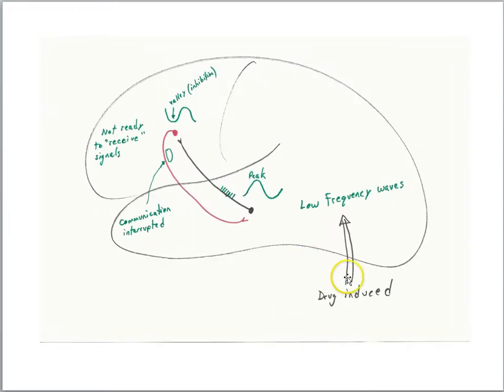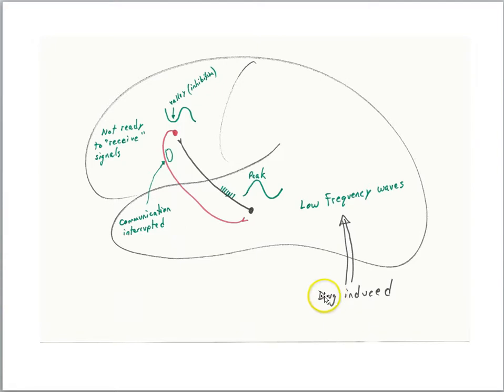And here's another diagram indicating another way in which cortical communication can be interrupted, in this case with drugs. So we've seen how during slow wave sleep, the brainstem can impose synchronization, right? The low frequency, high amplitude signals. So too, general anesthetic drugs can do the same thing.